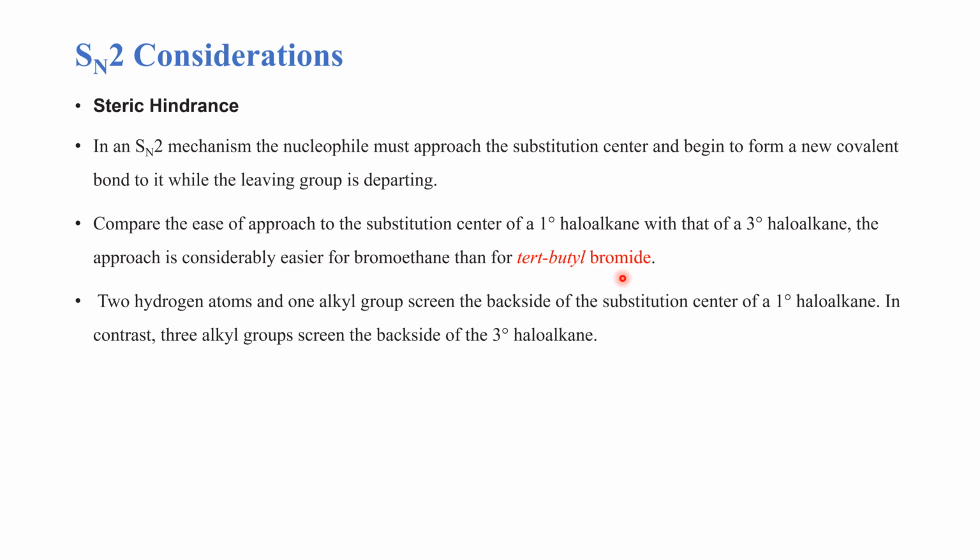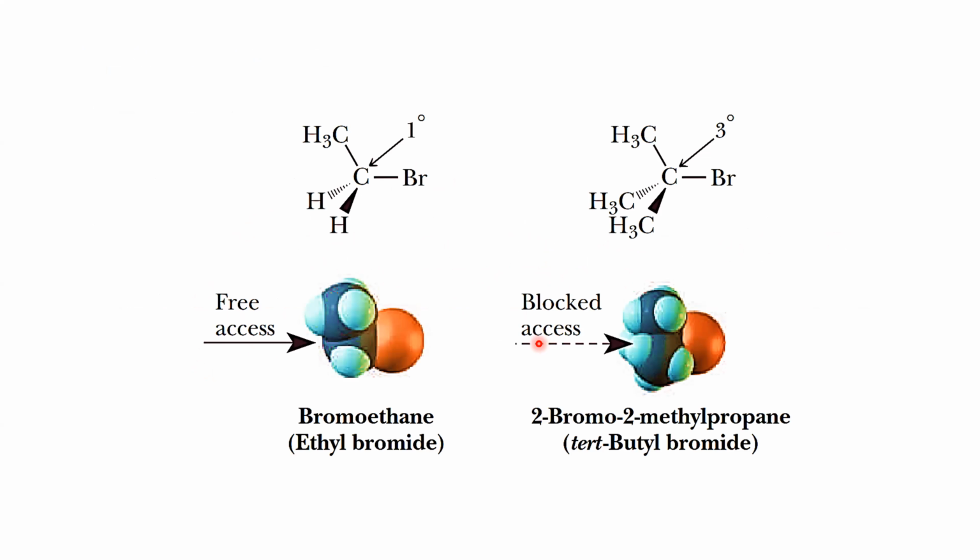I will show you in the next slide with a picture as well. Two hydrogen atoms and one alkyl group screen the backside of the substitution center in the case of bromoethane, while there are three alkyl groups which screen or block the backside of the tertiary haloalkane.